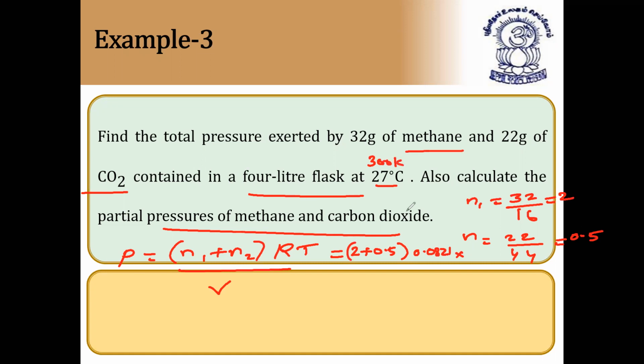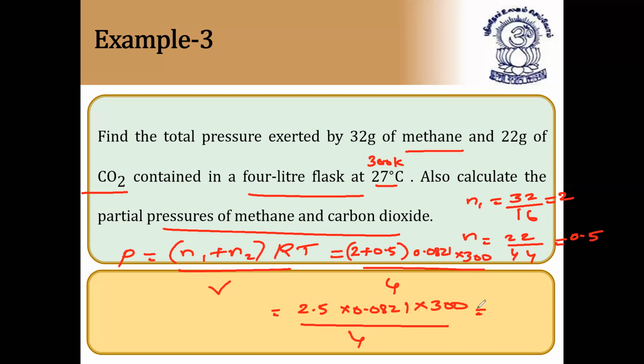Here I'm writing into 300, divided by the volume, given as a 4-liter flask, 4. So it is equal to 2.5 into 0.0821 into 300 divided by 4. So after doing this, you will get the value 2.5.